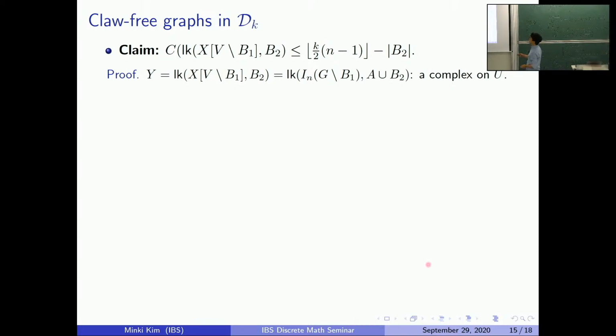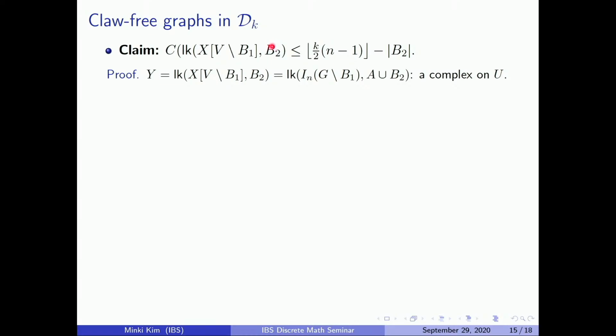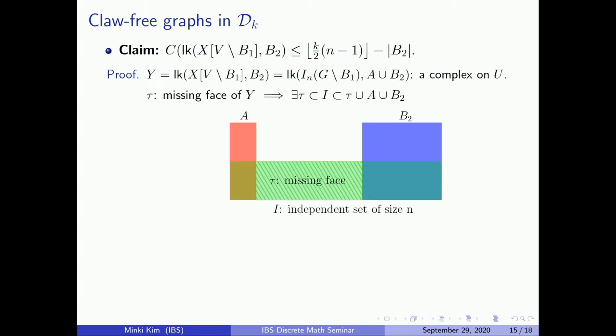Let's say this complex equals Y. It's easy to see that this complex is indeed the same as the link of A union B2 in I sub n of G delete B1. And then we take some missing face, because we want to apply this proposition B. So take any missing face tau.